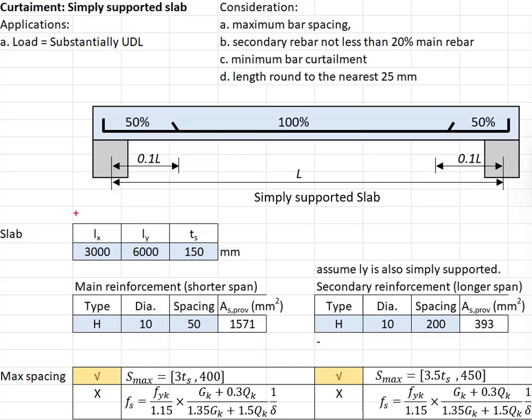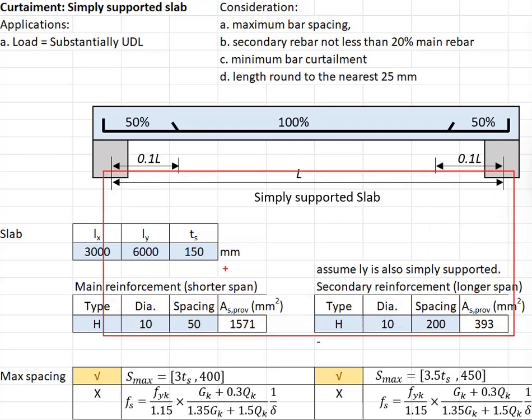Assuming both Ly and Lx are simply supported, you are asked to do the curtailments for the reinforcement. First thing first, you will need to determine which direction will be the main reinforcement and which direction will be the secondary reinforcement. For a typical slab, the main reinforcement will be in the shorter span.